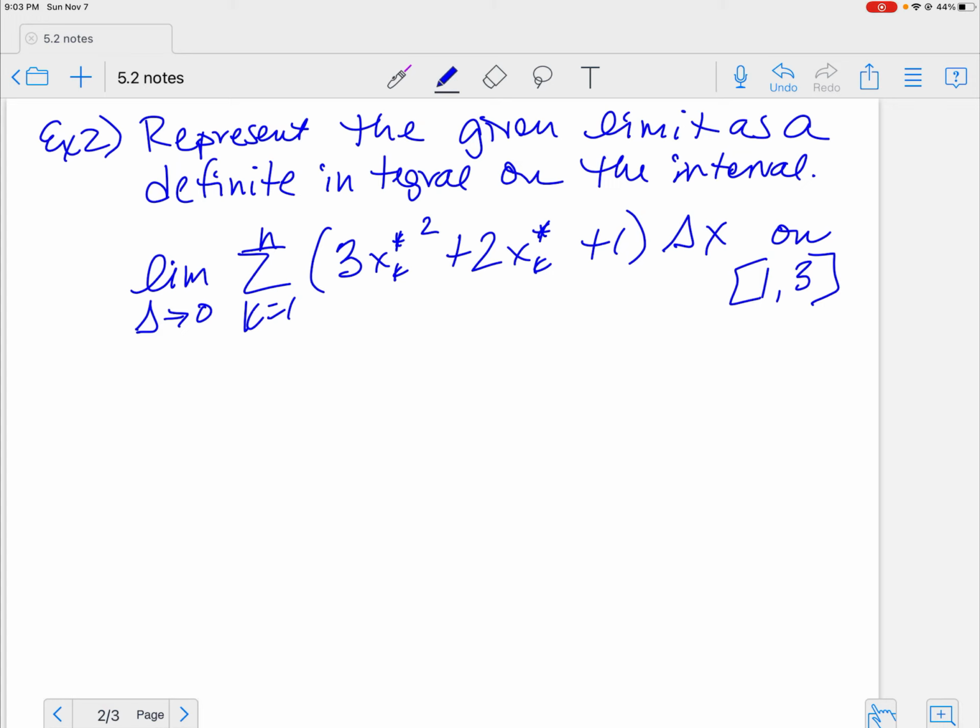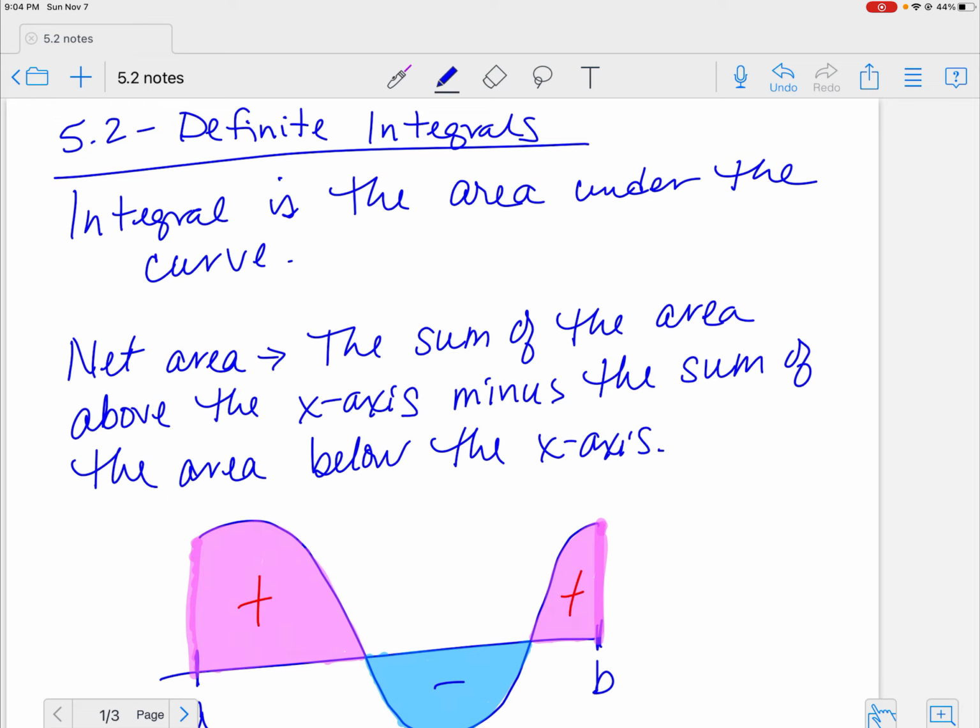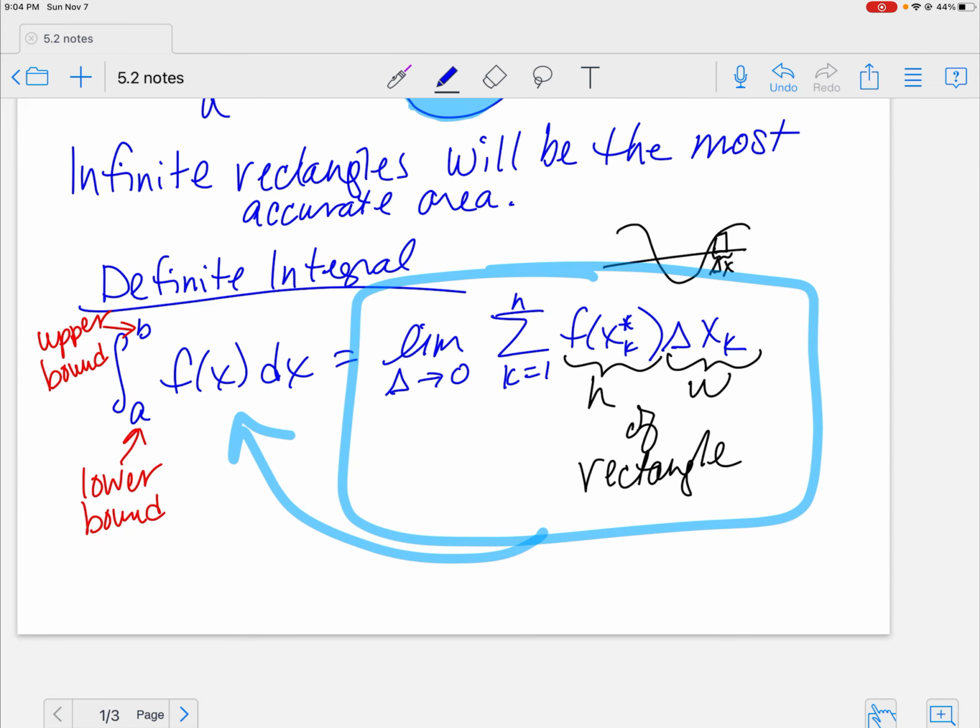Literally, all you're doing is converting between the limit notation and the integral notation. So I'm going to flip back here for a second. My limit notation is on the interval, the upper bound and the lower bound. That's my interval here. My function is going to be my function. My dx is the change in x, so I'm replacing that with the change in x.